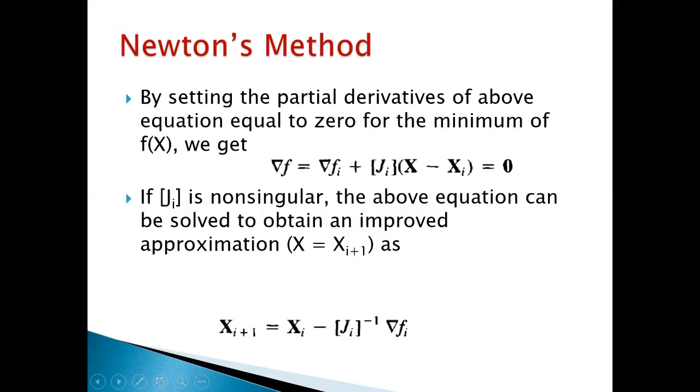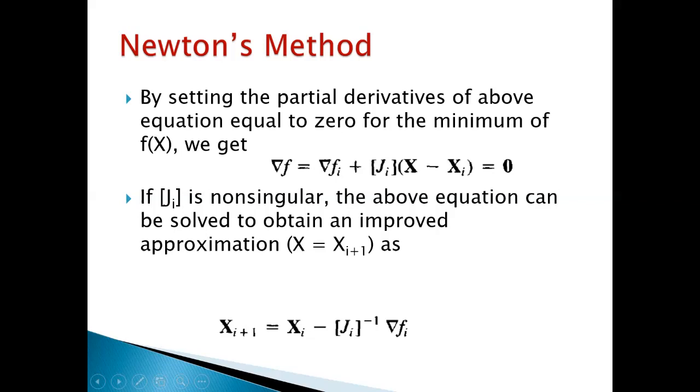By setting the partial derivative of the above equation equal to 0 for the minimum of f(x), we get gradient f(xi) plus Ji, that is the second order derivative Hessian matrix, times (x minus xi) equal to 0. Okay, so we equate to 0 for the minimum point, whatever the optimal point we will get. For that, the function should be equated to 0 and then we put the values. We'll see that in a sum.